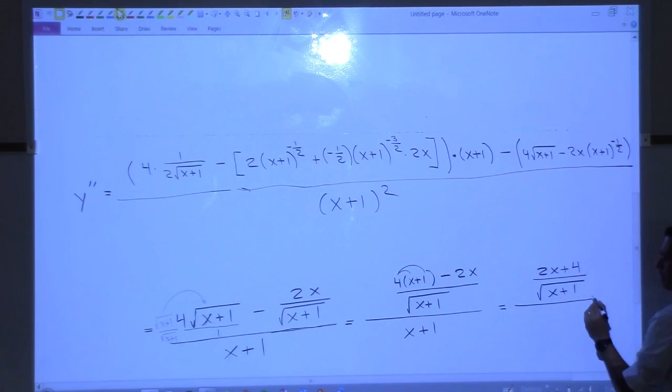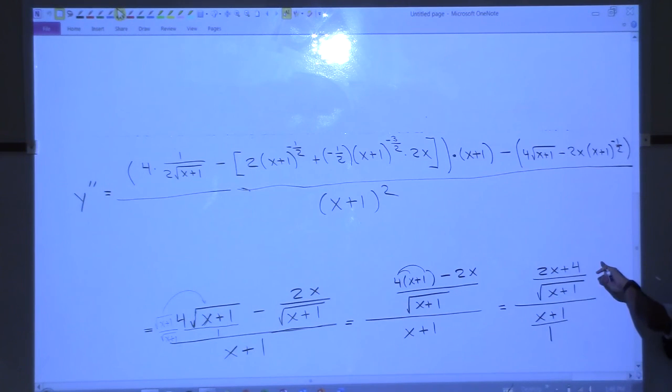Over x plus 1. So I think you'd still say, hey, if I take the derivative of this, you still have a quotient with a quotient. But these are almost the same thing. If you rewrite this as this over 1 and then flip, multiply, this becomes 1 over x plus 1. That's gone. Then can't we put these together? Because this is actually a factor.